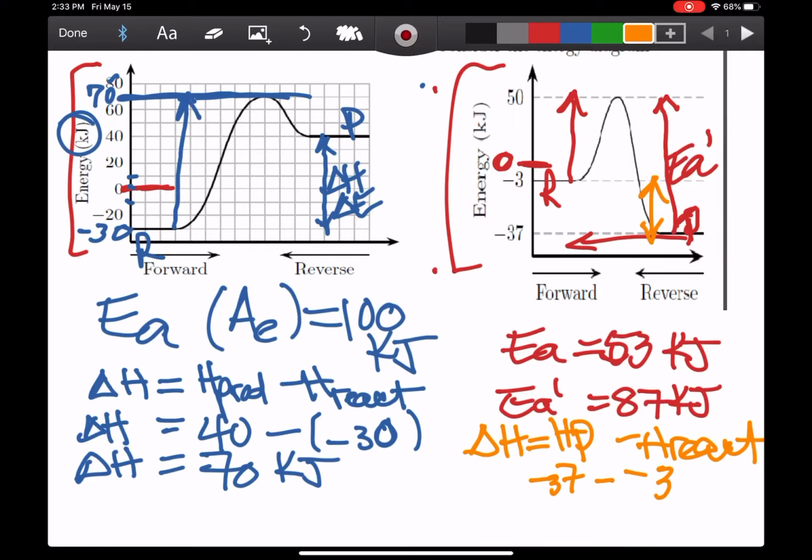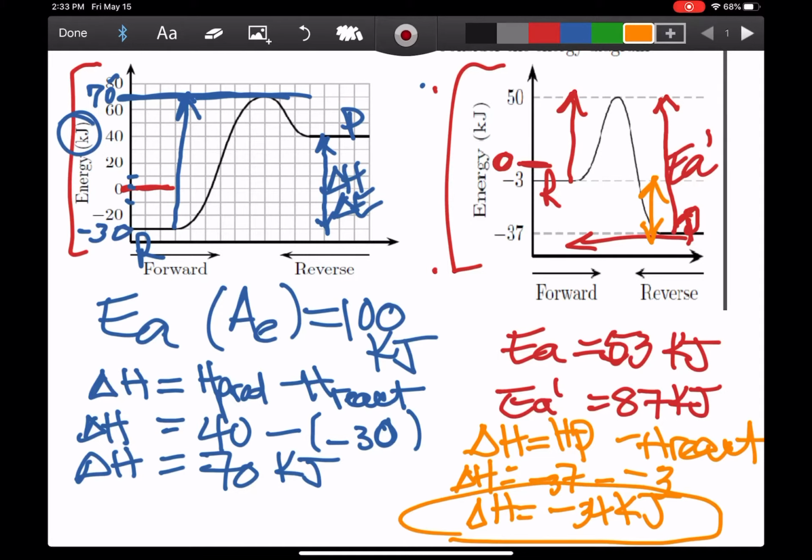So how do you subtract those two numbers? -37 minus -3 actually means you need to add 3, doesn't it? So delta H comes out to be positive or negative? -34 kilojoules. So what does that mean, -34? That means this particular reaction in the forward direction is exothermic. Exo is a negative delta H.